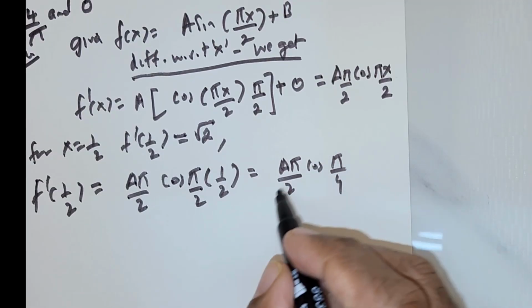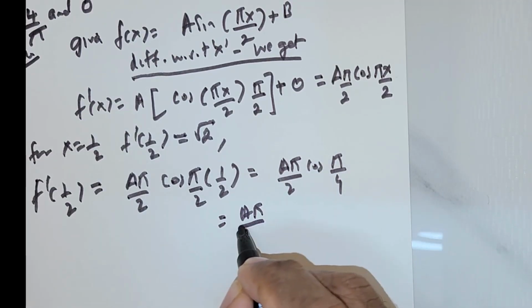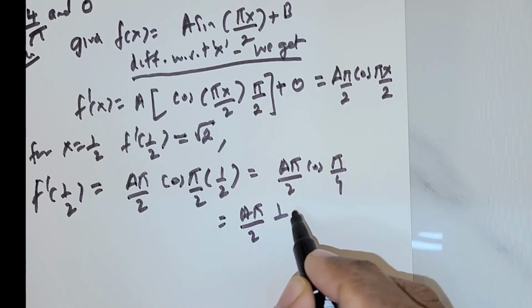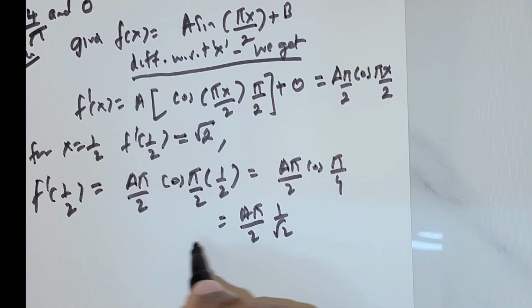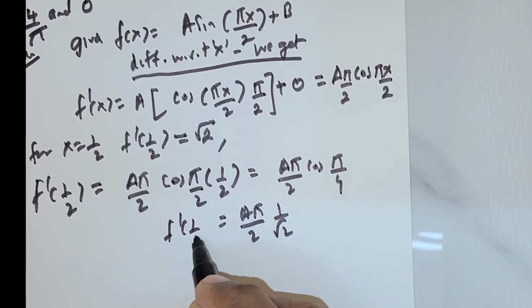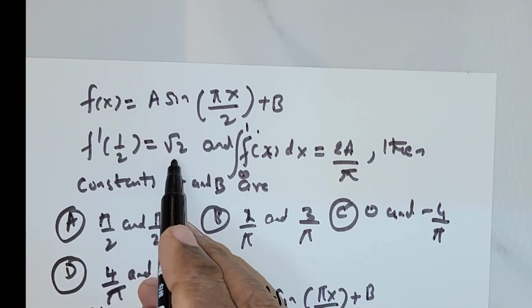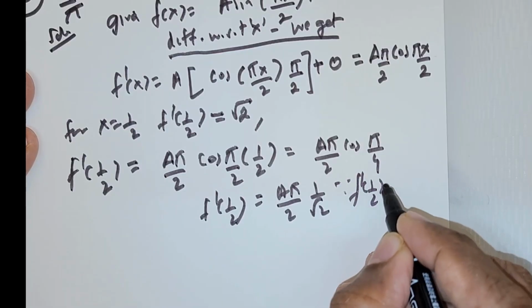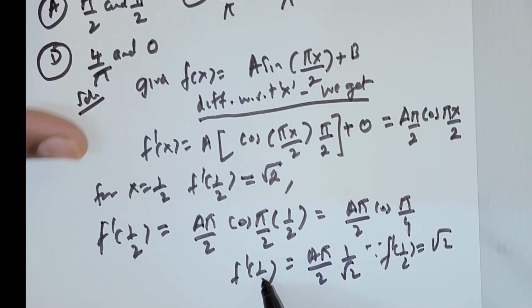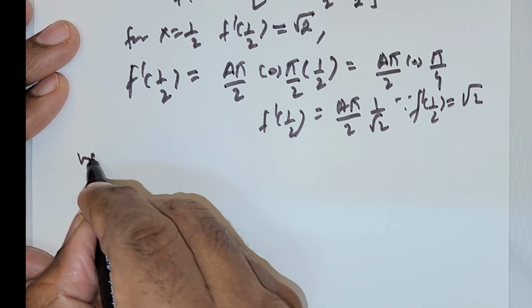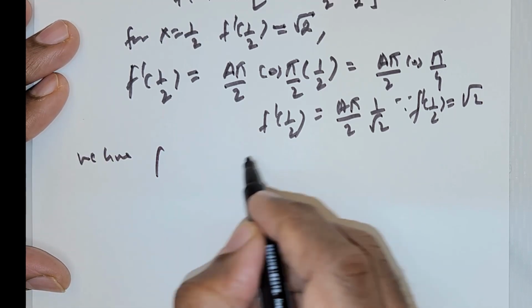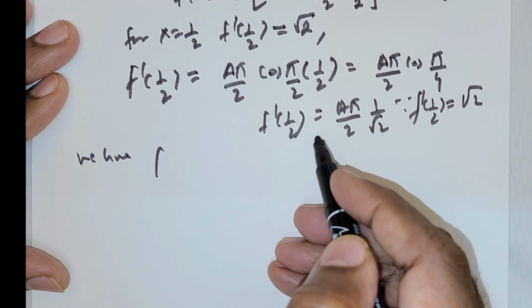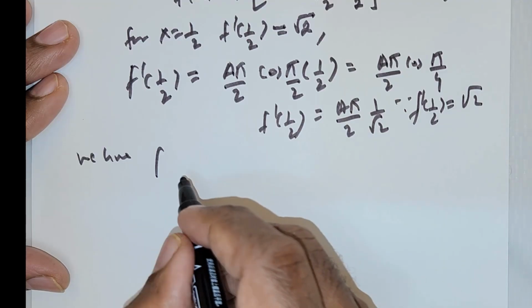But cos of pi over 4 is 1 over root 2. And you have f dash of 1 over 2, which is given. Since f dash of 1 over 2 is root of 2, in place of f dash of 1 over 2 you are going to substitute root 2.